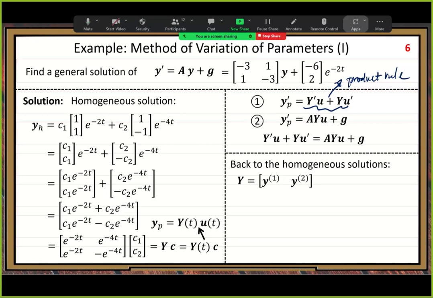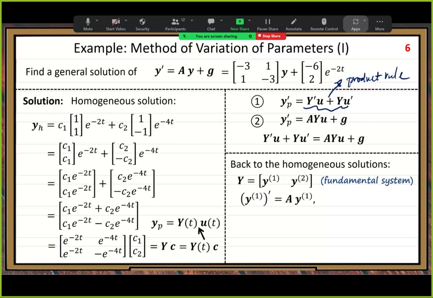So we write our fundamental matrix, capital Y, in these two vector solutions, y sup 1, y sup 2. Because y1, y2 are two solutions of the homogeneous system, if we plug them into the homogeneous system, they should satisfy it.